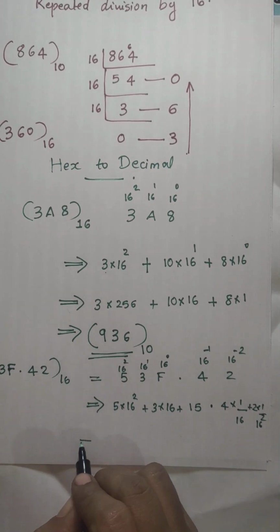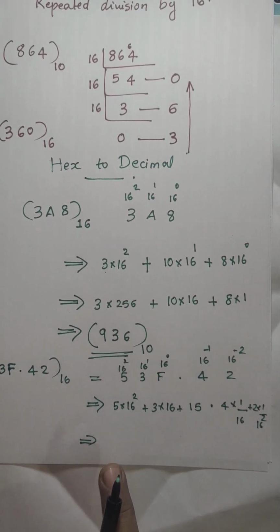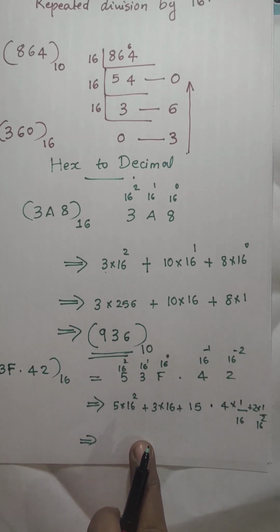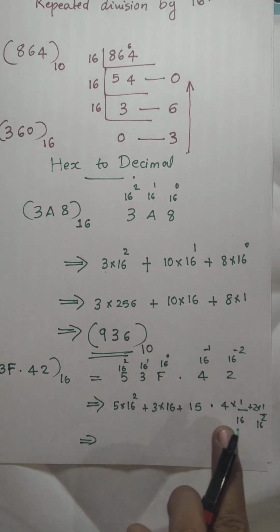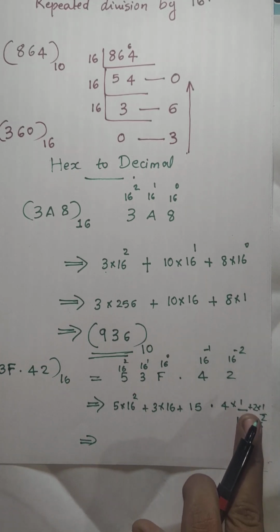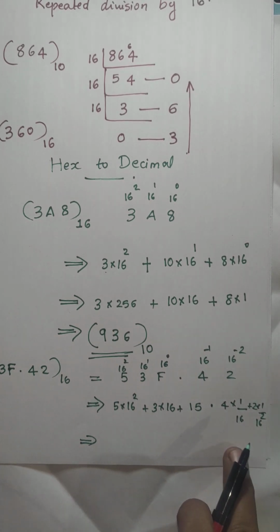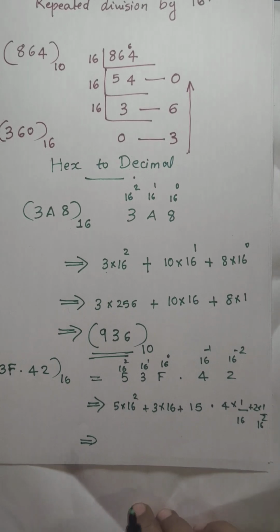So we get 5 into 16 squared, that is 1280, plus 48, plus 15, plus 4 by 16, so 0.25, and plus 2 into 1 by 16 squared, then 0.00781.